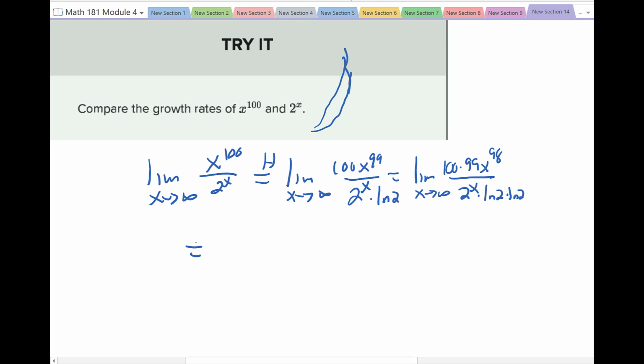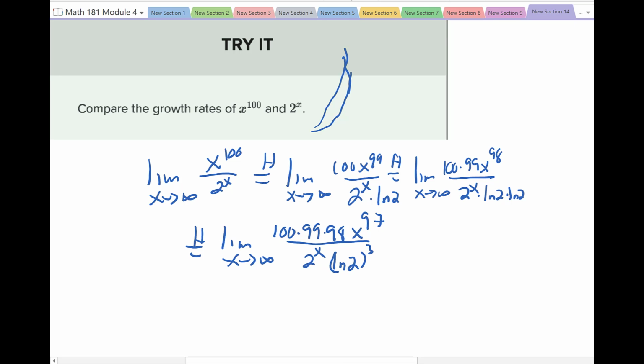And that's going to apply L'Hopital's rule again. We have the limit as x goes to infinity of 100 times 99 times 98 x to the 97 over 2 to the x, and so we're going to have another natural log of 2, so I'll just say natural log of 2 cubed. And I'm joking, we weren't going to do all 100 of these.